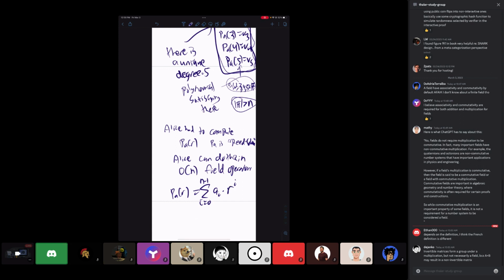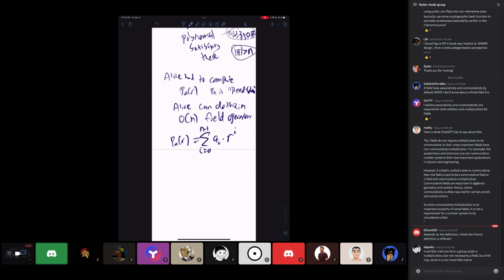So she can just make a pass over the entries of her vector. She starts with the first term of the sum, A0. Then she adds the second term, A1 times R. Now she has R in her head, so the third term is A2 times R squared.